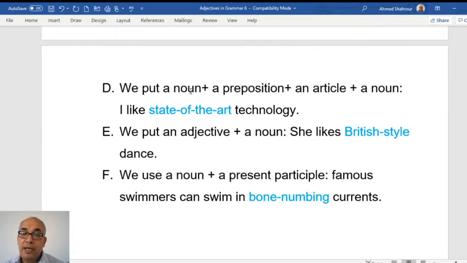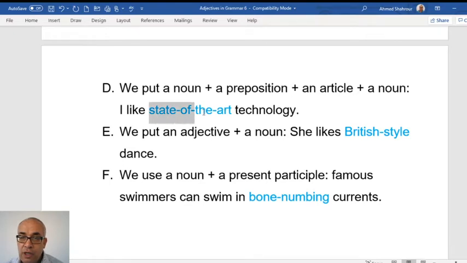So you can put a noun plus a preposition plus an article plus a noun. So state is a noun, of is a preposition, the is an article, it's a definite article, art is a noun. So I put state as a noun, hyphen, of is a preposition, hyphen, the is an article, and then hyphen, art is a noun.